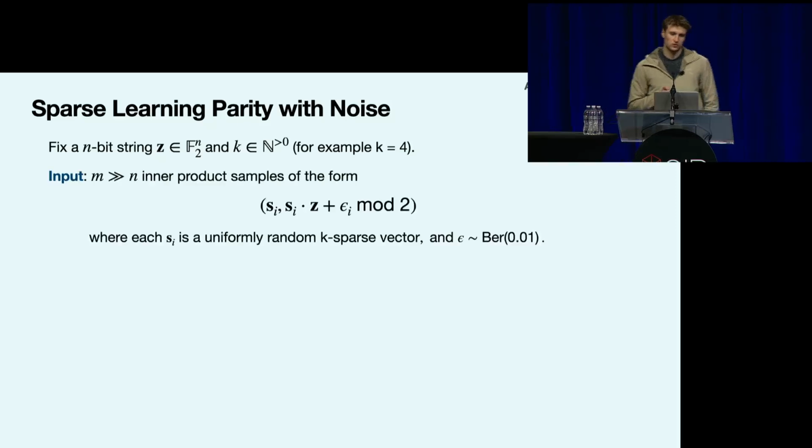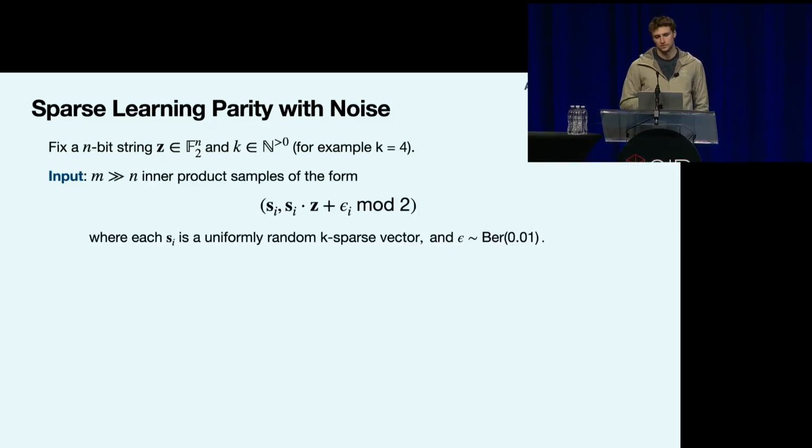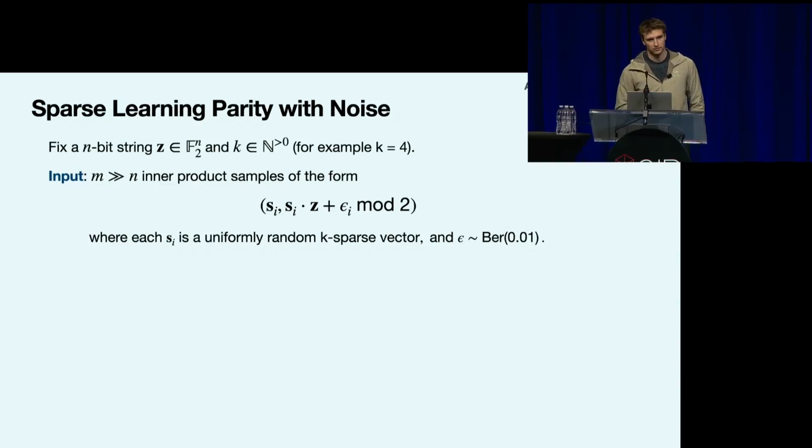Then the input to k-sparse LPN is m noisy inner product samples, where m is much bigger than the number of variables n. Each noisy inner product sample has 2 elements. The left-hand side is S_i, which is some uniformly chosen random k-sparse vector.